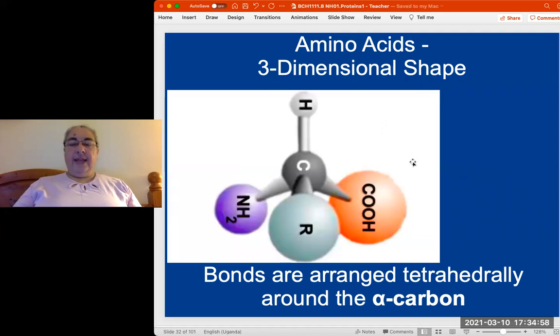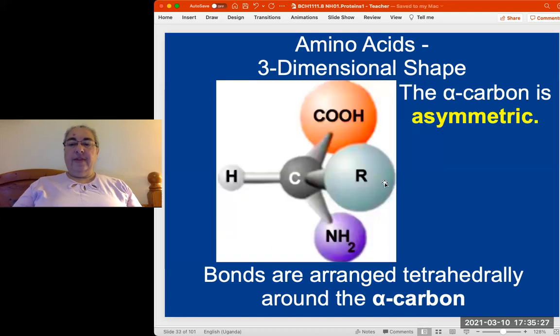So here is again trying to show this in 3 dimensions, the alpha carbon here, the hydrogen atom sticking upwards here, and the R group here is coming out towards us. So it's sticking out of the plane of the paper, and then these two are going back into the plane of the paper, if you like. Okay, so a tetrahedral arrangement. And that's the same diagram just turned around.